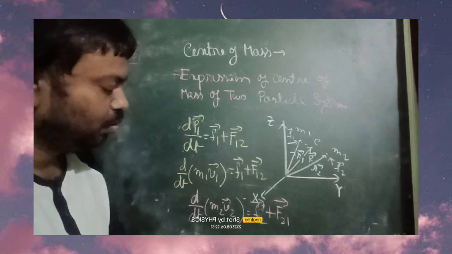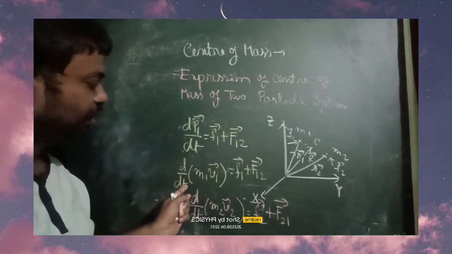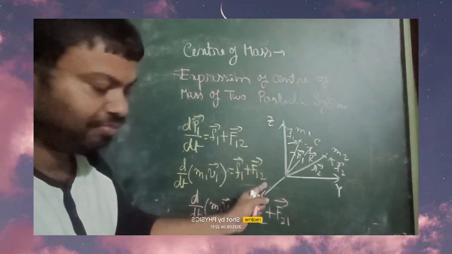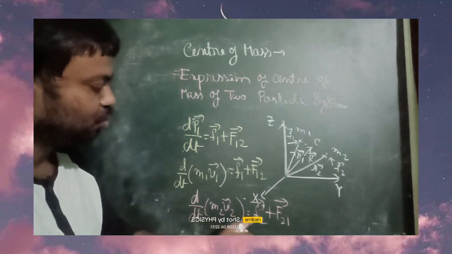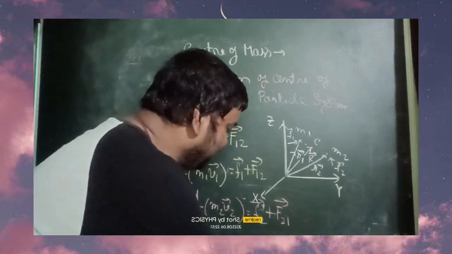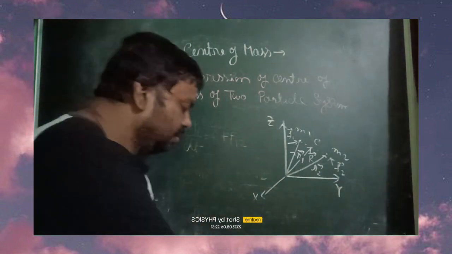Now we are going to add the two equations. d/dt of m1 v1 vector equals F1 vector plus F12 vector, and d/dt of m2 v2 vector equals F2 vector plus F21 vector. Now adding them, what do we have?